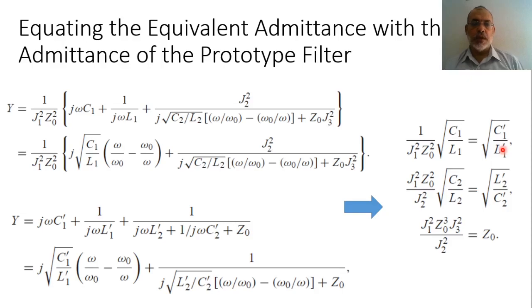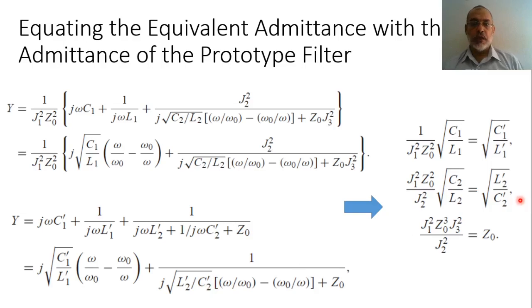And in a similar way, we can prove that J1 squared Z naught squared over J2 squared multiplied by square root C2 over L2 will equal square root L2 prime over C2 prime.